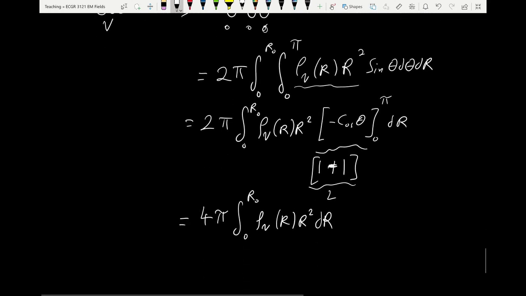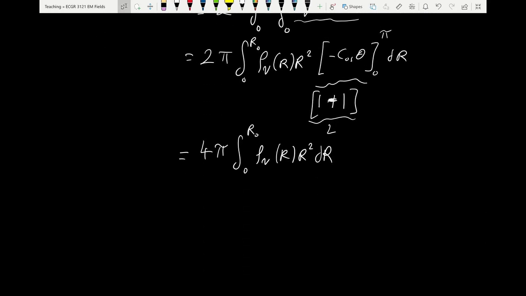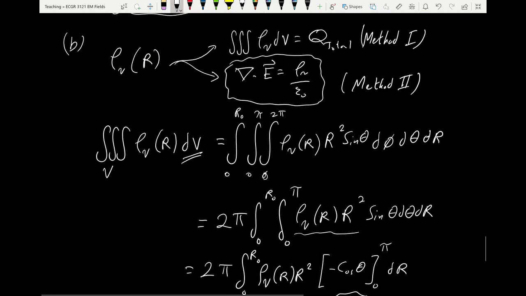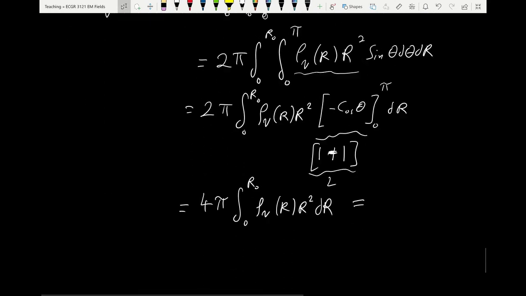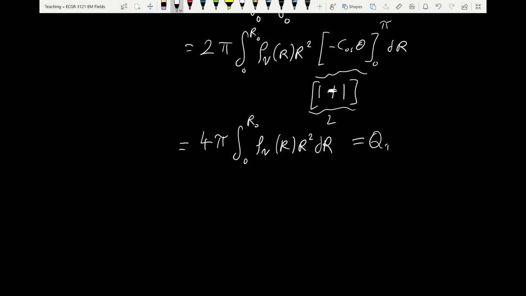So this is the volume integral. Now remember, using Gauss's law, this whole thing needs to be equal to q total.